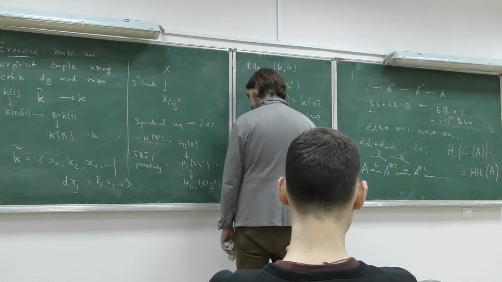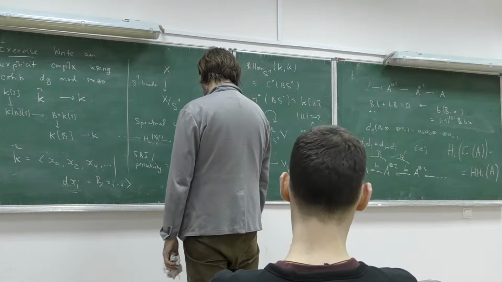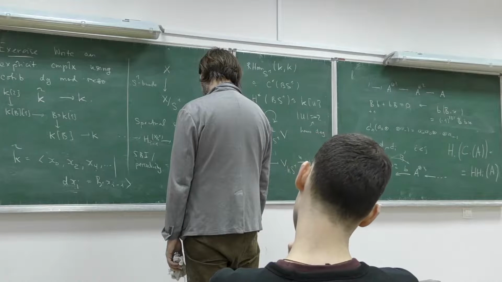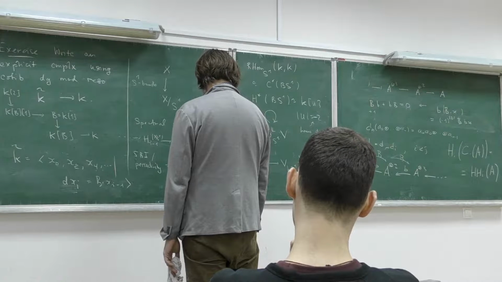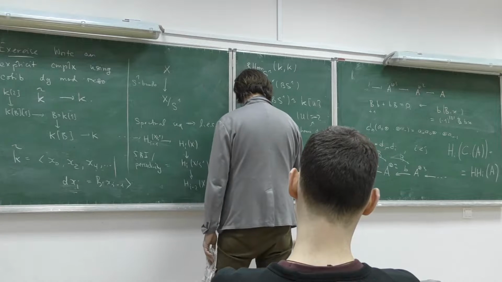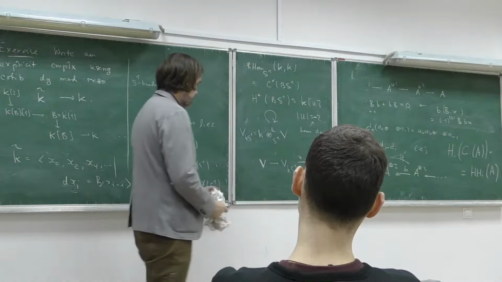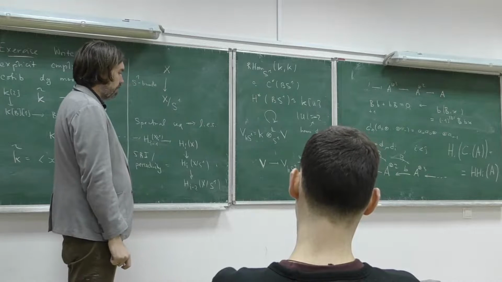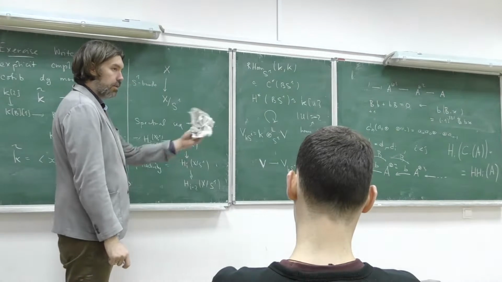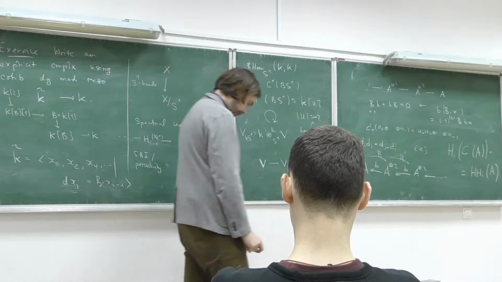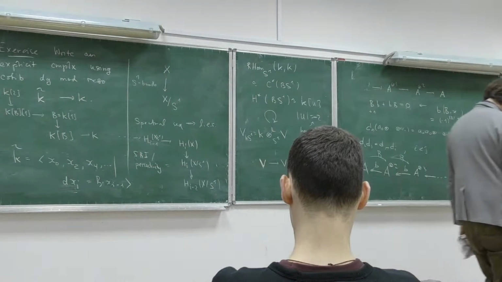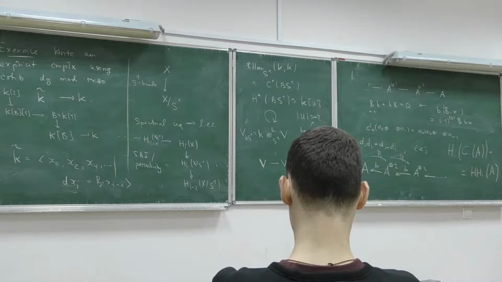Yes, that's right. So this ends up being an exact triangle, and you take the long exact sequence in homology, and this is the kind of thing we get. Okay. So I think that's all I can say at the moment without having prepared better.